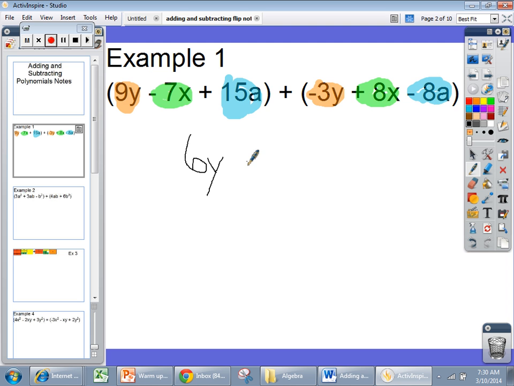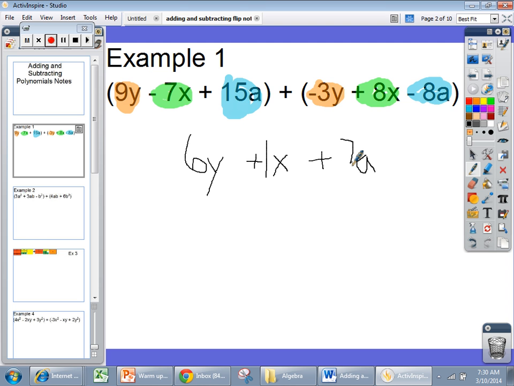Good. Do I have to write the 1 in front of my x? Do you want me to write the 1? Okay, somebody said yes, so we'll write the 1. Last but not least, we have a positive 15a, subtracting 8a. So what's 15 minus 8? 7. Beautiful. And then this example is all done. We can't do anything else with it.